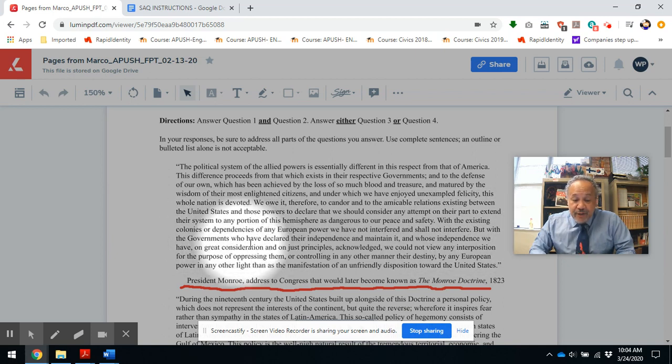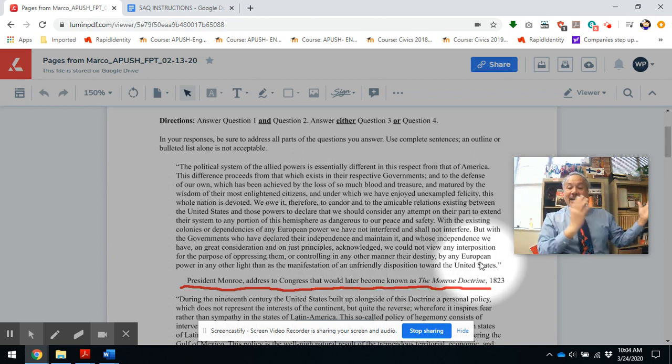But with the governments who have declared their independence and maintained it, and whose independence we have, on great consideration and on just principles, acknowledged, we cannot view any interposition for the purpose of oppressing them, or controlling in any other manner their destiny, by any European power, in any other light than as a manifestation of an unfriendly disposition toward the United States. So an attack on them or some kind of interference upon them will be somewhat of an attack on the United States in a way.